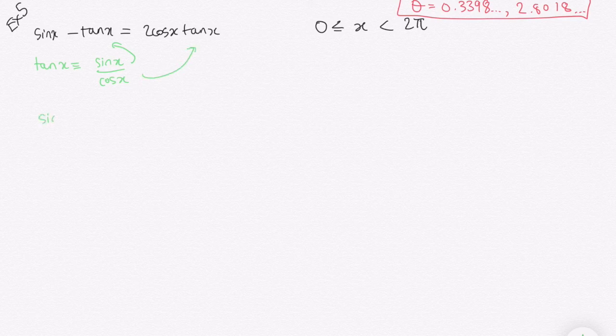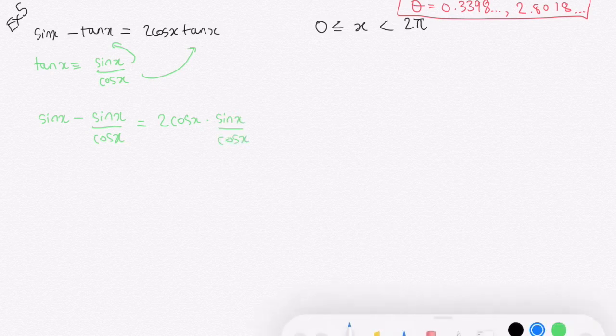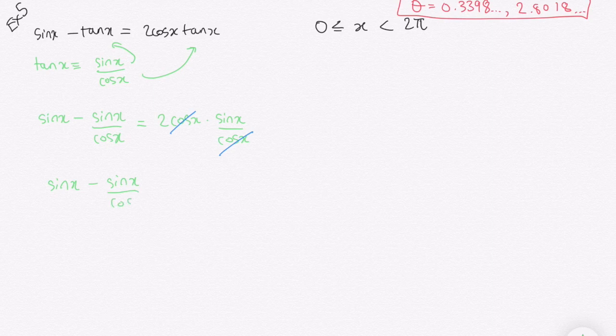Well, we get sine x subtract sine x over cos x equals 2 cos x times by sine x over cos x. So, well, that looks good because we can see that these two cosines cancel. So we have sine x subtract sine x over cos x equals 2 sine x.